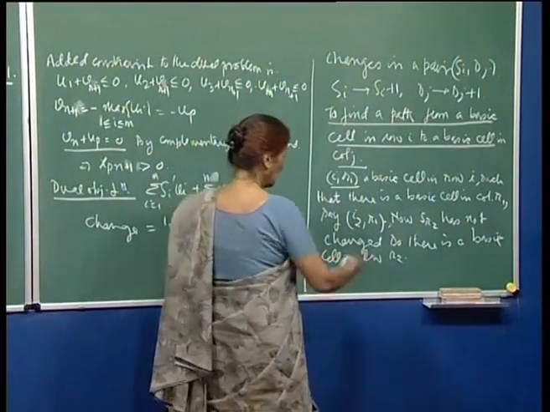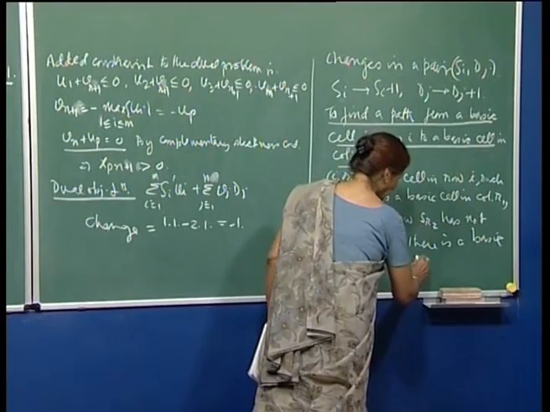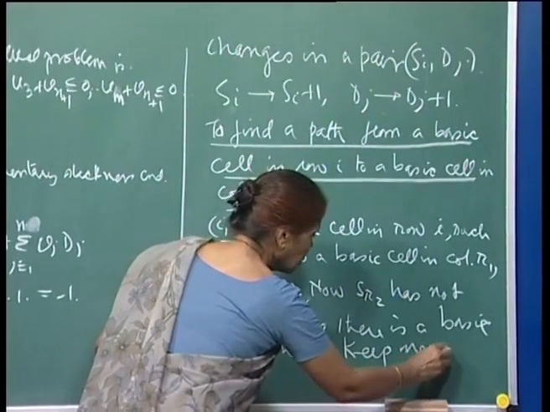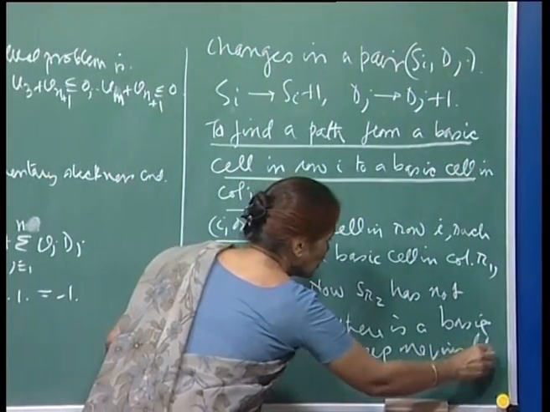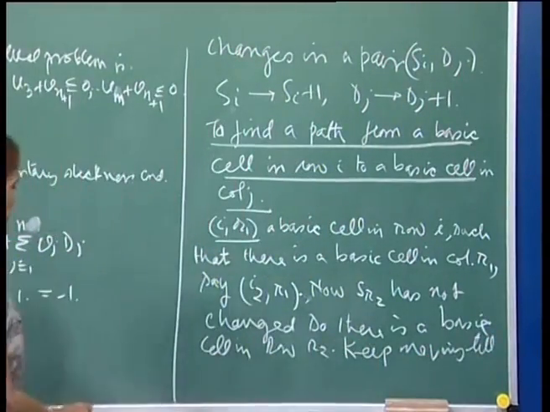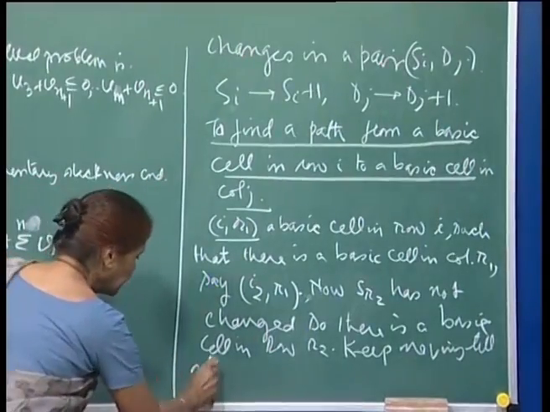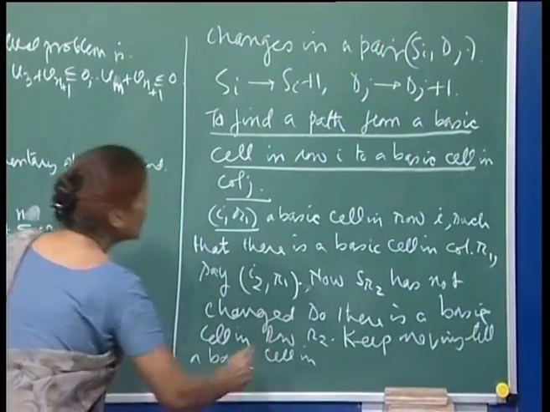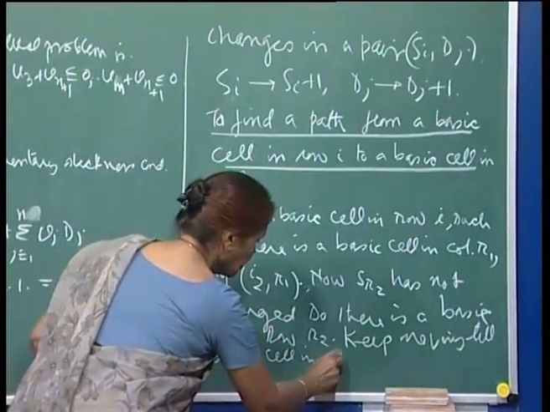So, go on moving. Keep moving till a basic cell in column J is found.